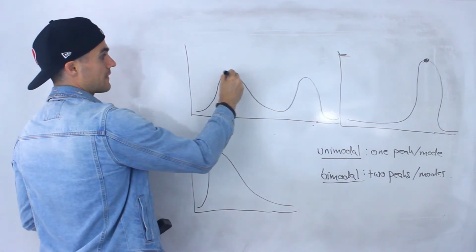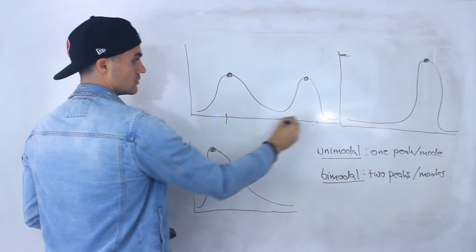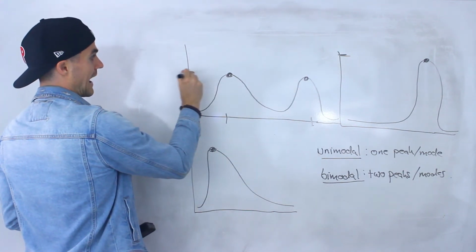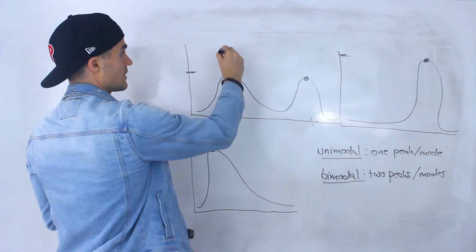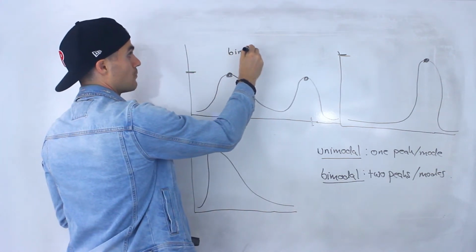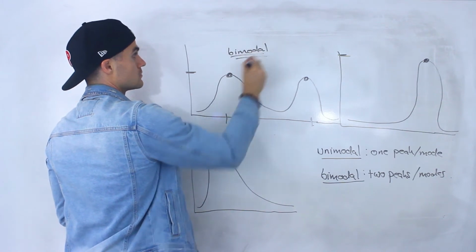Right? So notice that there are two values that have that top frequency, this one and this one. So this here is an example of a bimodal distribution.